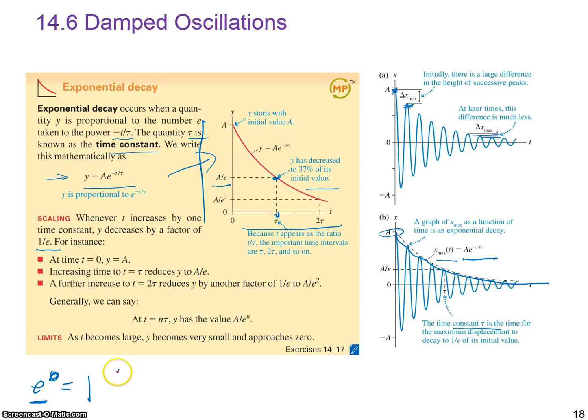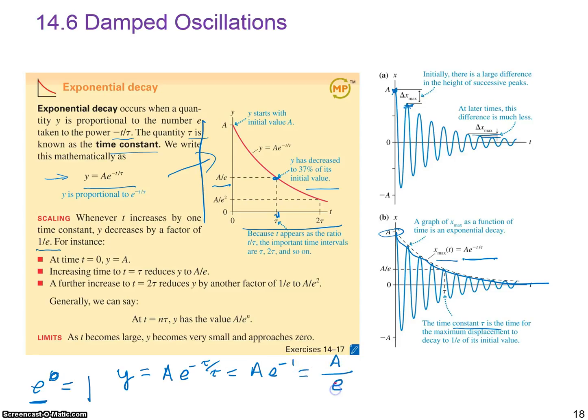Well, let's take a look at how that happens here. It might be a while since you've worked with exponents. If t equals tau, you're going to have minus tau over tau, so y is equal to A times e to the minus 1. And you might recall, you could rewrite that.